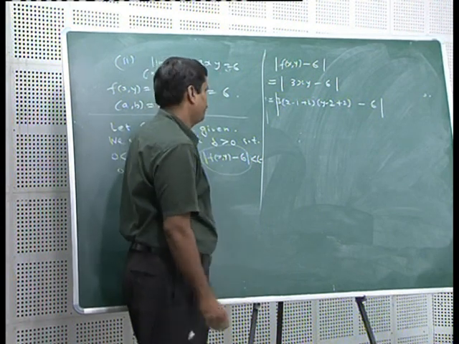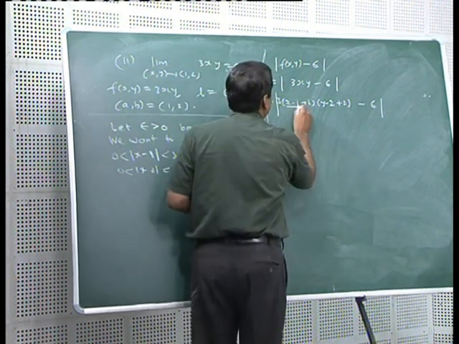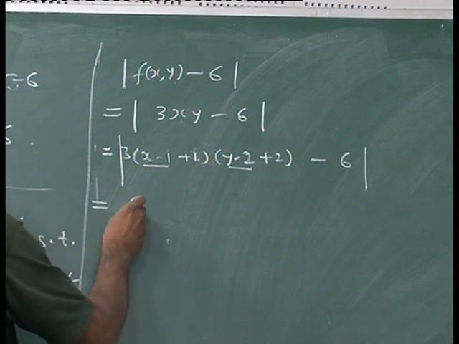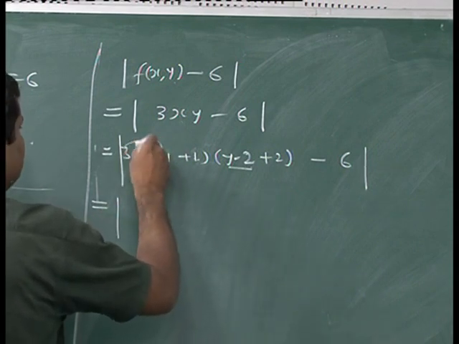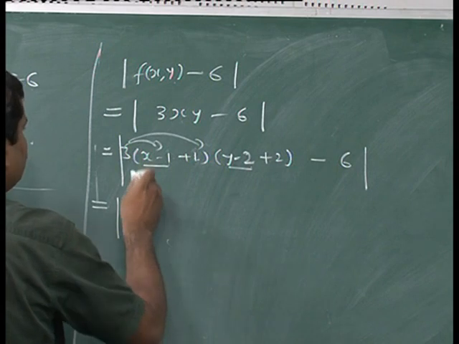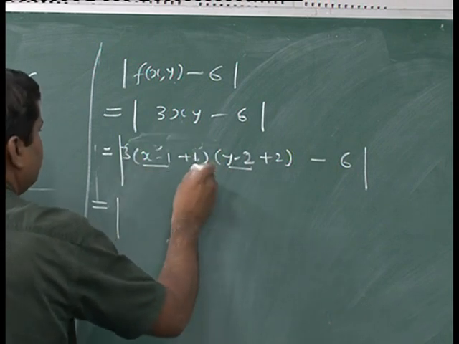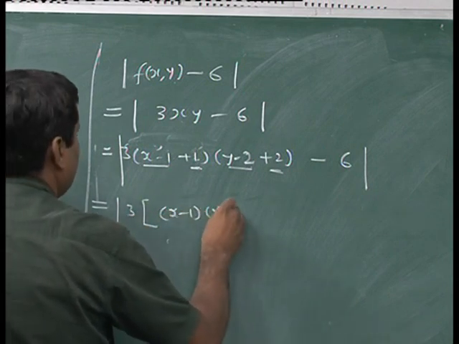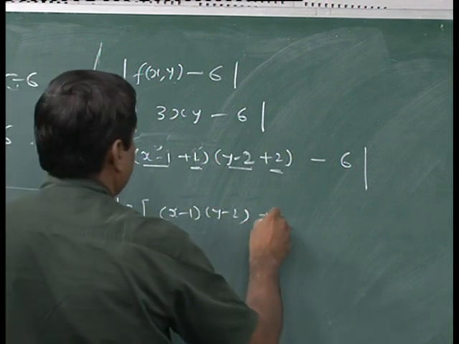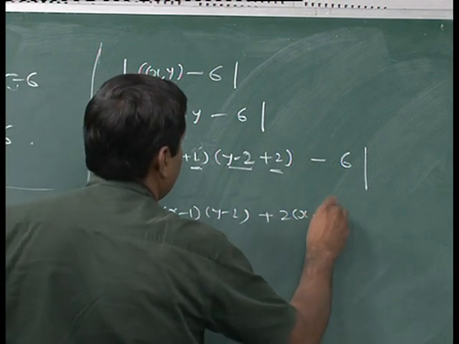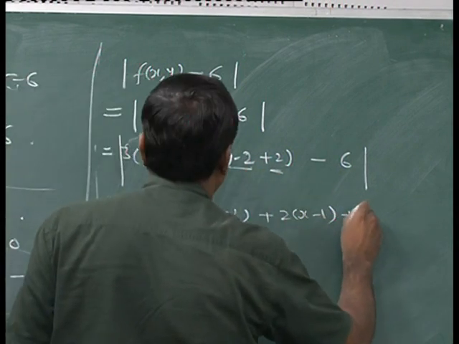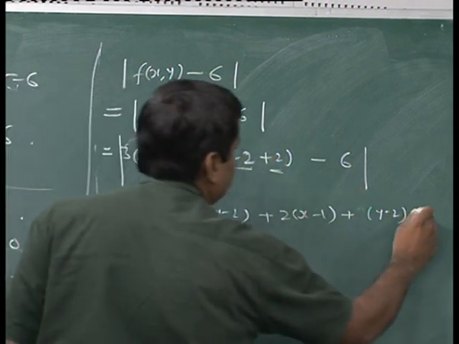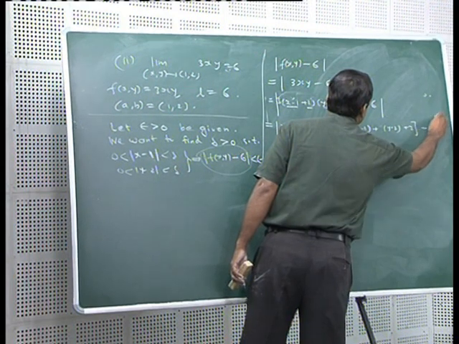It is not exactly the same, you will see later what else is required in solving this problem. Now I will expand this using the (a + b)(c + d) method. 3 is outside: (x - 1)(y - 2), plus (x - 1) into 2, that is 2(x - 1), then 1 into (y - 2), plus 1 into 2, that is 2, and minus 6.